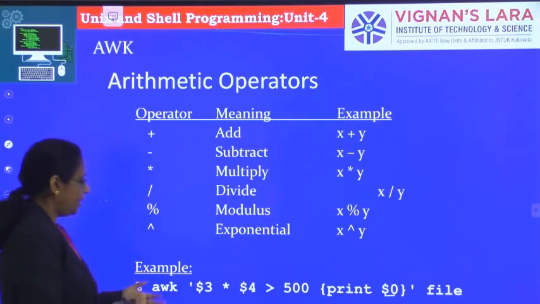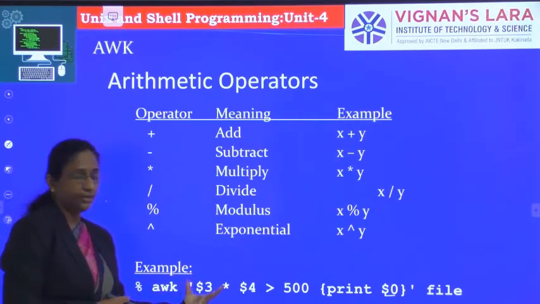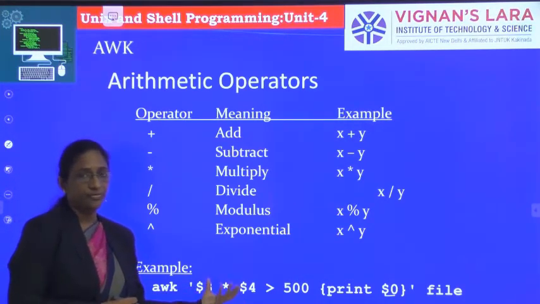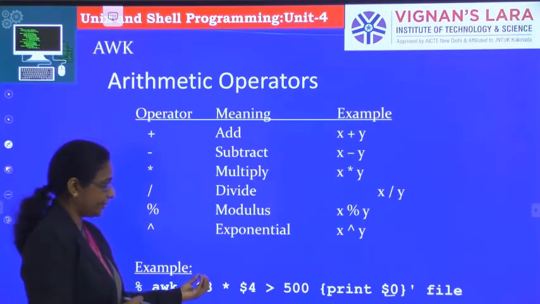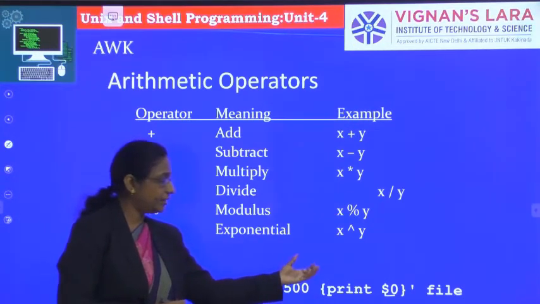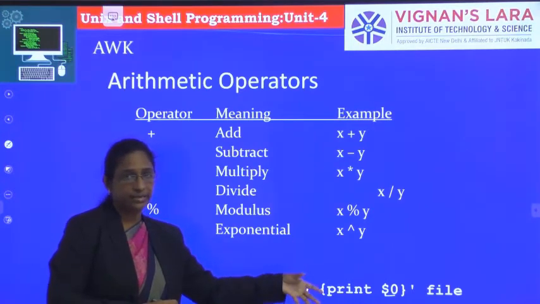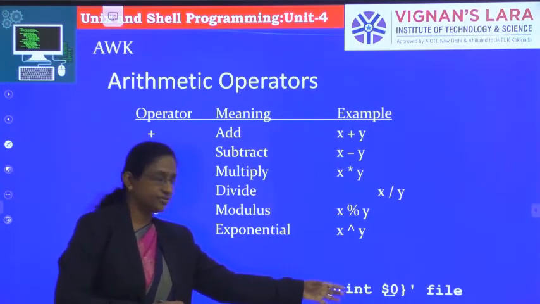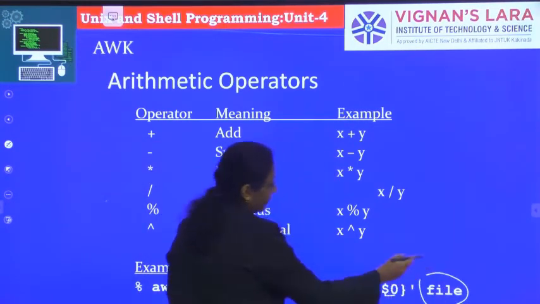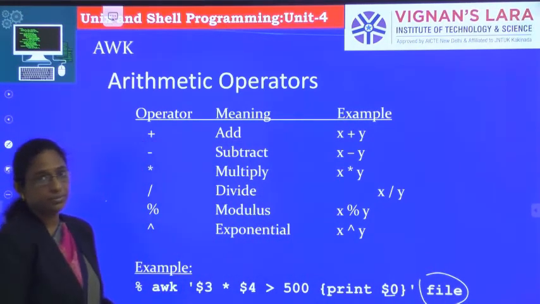So with the awk command you can take two fields, do the multiplication operation, and compare. Whatever value is greater than 500, the entire line will be printed. The input is taken from the file named file.